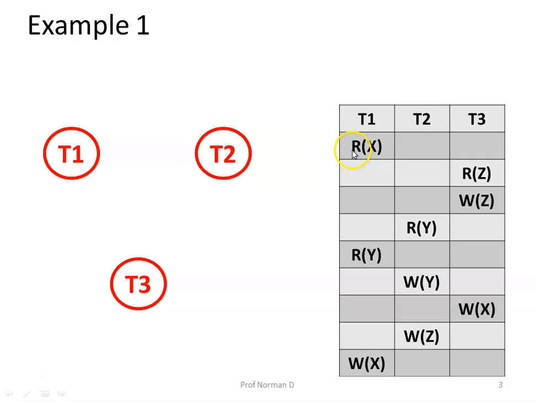The instruction is with respect to transaction T1. It is a read instruction which is reading data item X. Now we'll check if this instruction has a conflict with other instructions from transaction T2 and transaction T3.